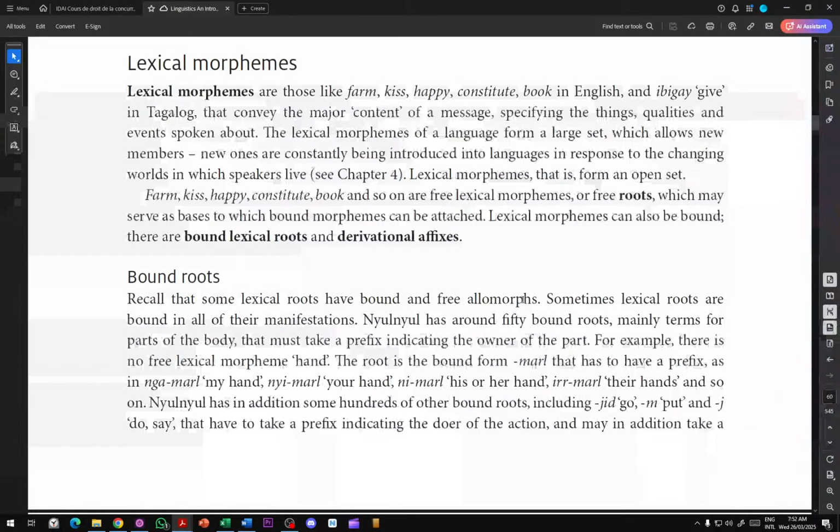Among lexical roots, there are free roots, free lexical morphemes. Do free roots have bound and free allomorphs as well? I guess, yes.